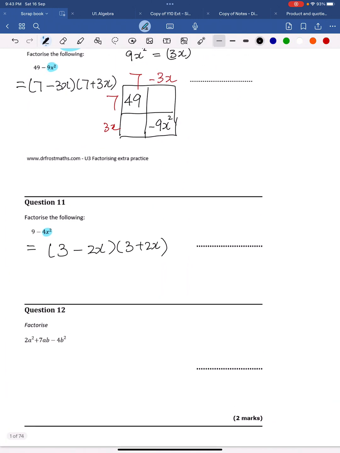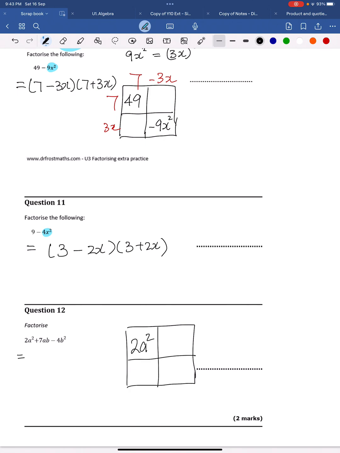Now for question 12, in order to do it successfully, again, we can rely on the grid. But this time, we can first put in the 2a squared in this box, and then the minus 4b squared in the bottom right.